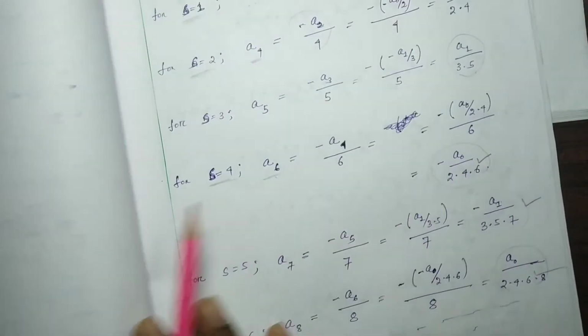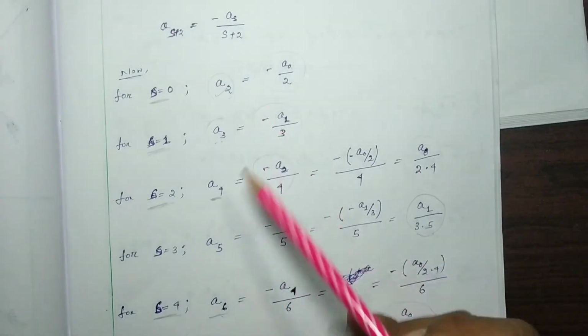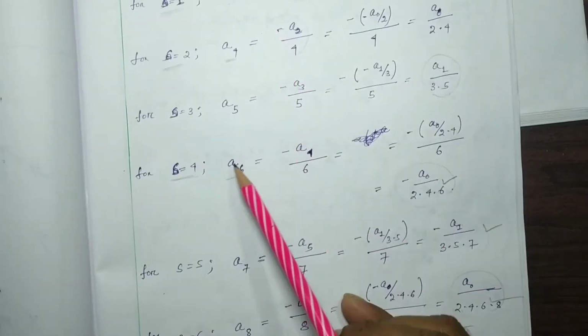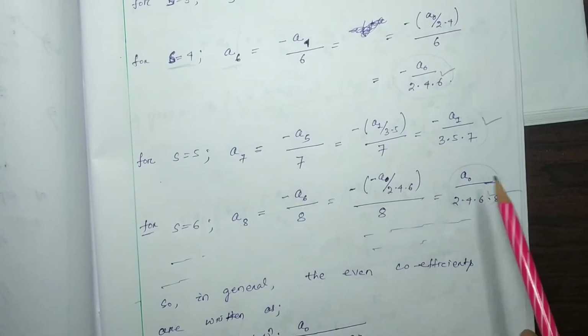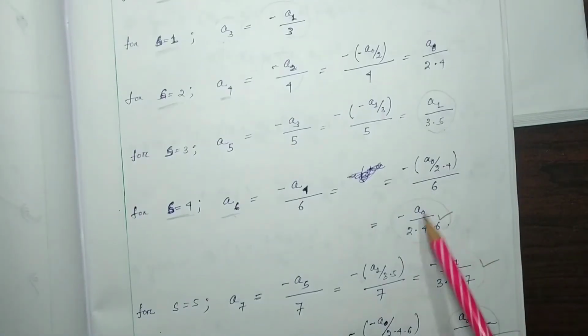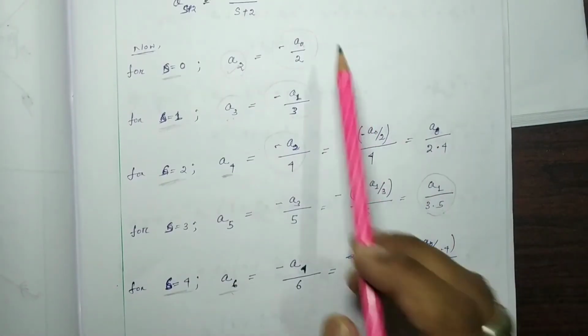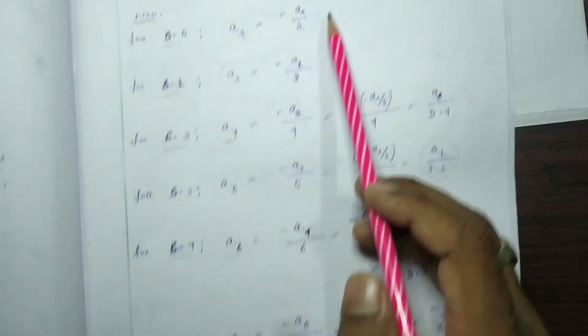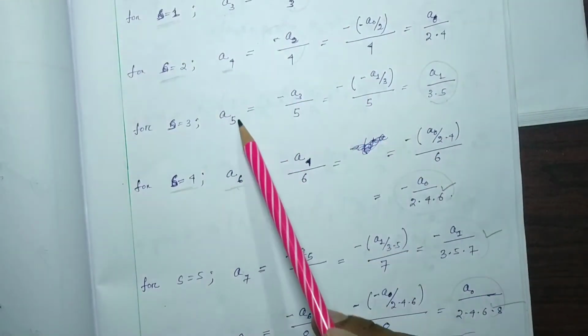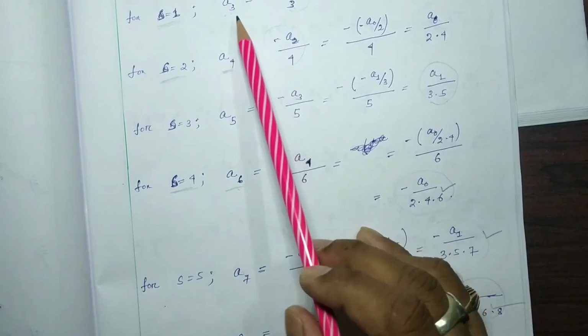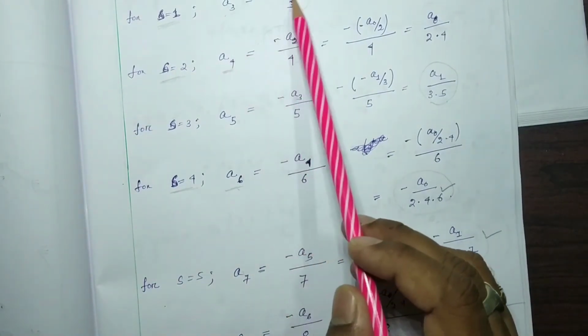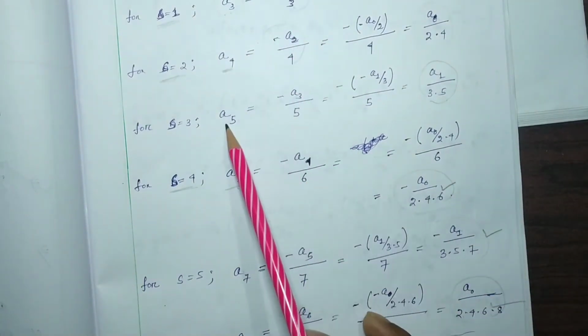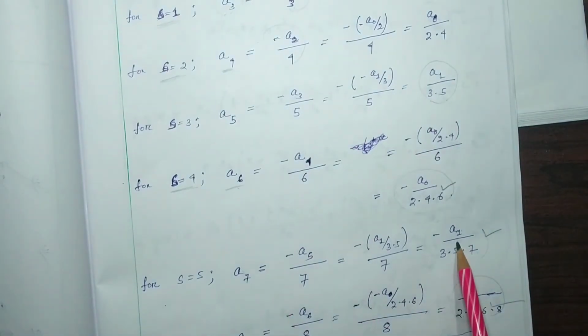Same thing we got here: a2, a4, a6, a8 in terms of a0. Likewise odd coefficients a3, a5, a7 are obtained in terms of a1, like that.